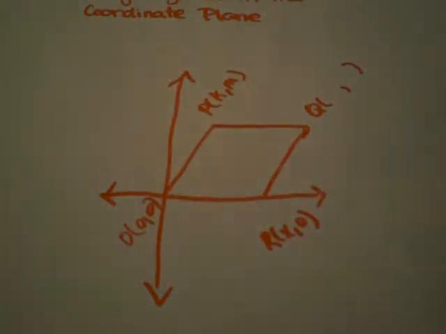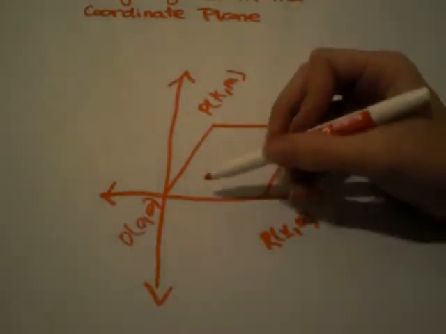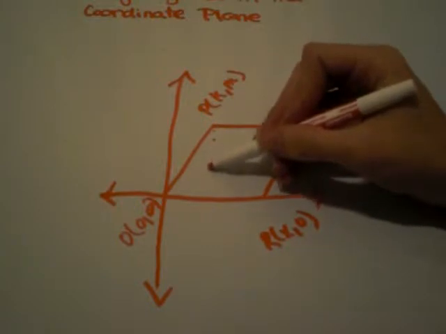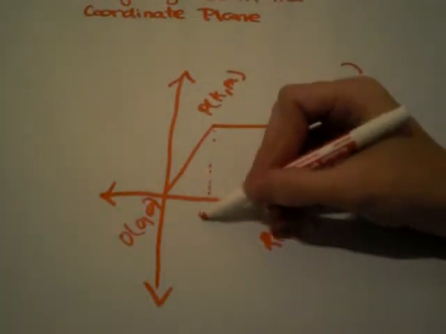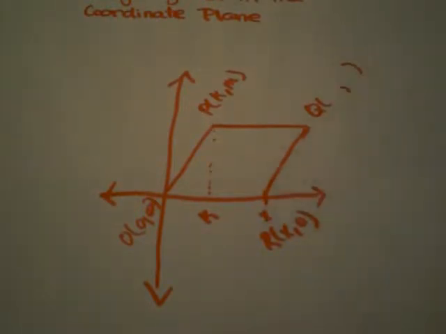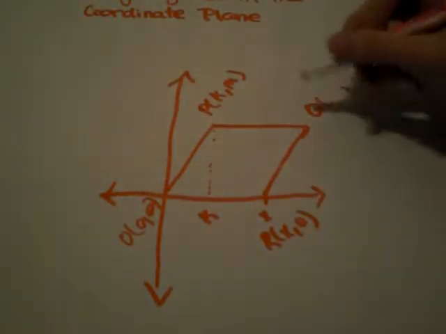Okay. So we're going to go ahead and label all of our values. So we know that our X value here is at K. Our X value here is X. And we know that our Y value here is M.